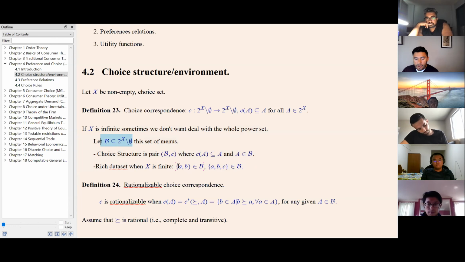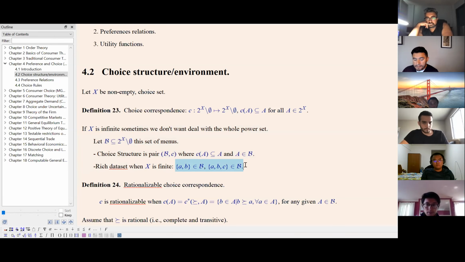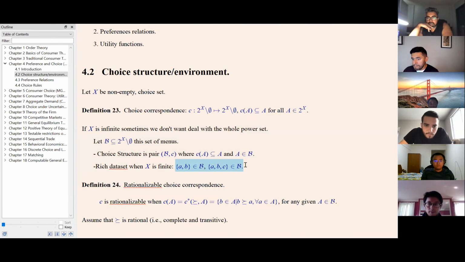Then I call my collection of menus, the calligraphic B, all binary sets: lottery 1 and 2, 2 and 3, and 1 and 3, and the trinary menu, so ABC, okay? That particular one doesn't have, for instance, the singleton menus, right? Those are not included. So the power set is not there. This is smaller than the power set.